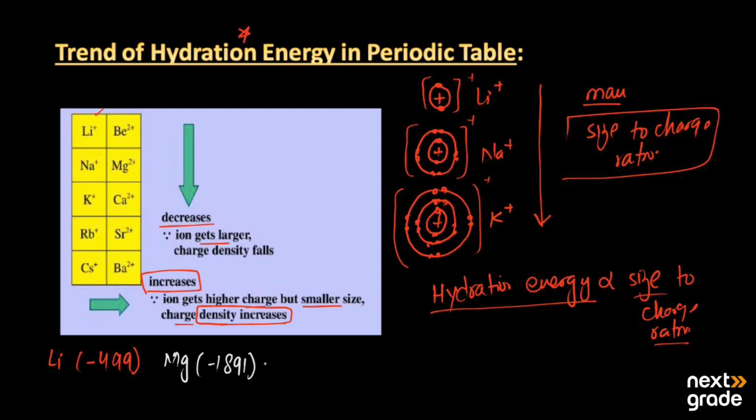And then aluminium, whose hydration energy is minus 4613 kilojoule per mole. So moving from left to right, their hydration energy increases because their charge density increases, which is the ratio of charge to size. So this was a simple overview about the hydration energy of the elements.